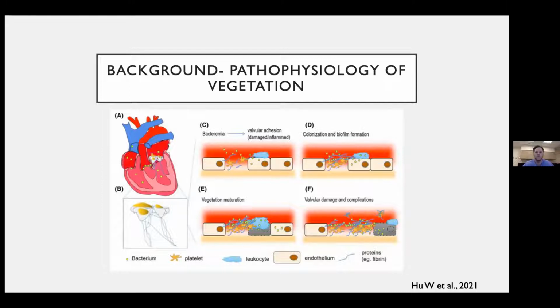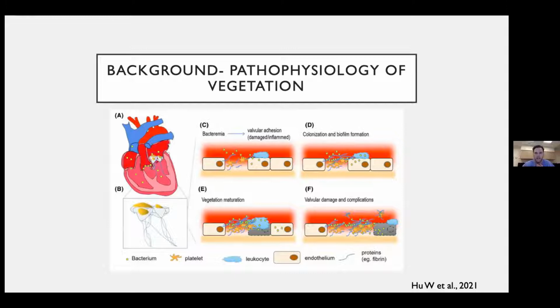So we'll start with the pathophysiology of vegetation. Development of endocarditis really is a complex interaction between microorganisms, valve endothelium, and host immune response. The process is initiated by endothelial injury and inflammation. That causes activation of platelets, which causes formation of a fibrin platelet clot on valves.